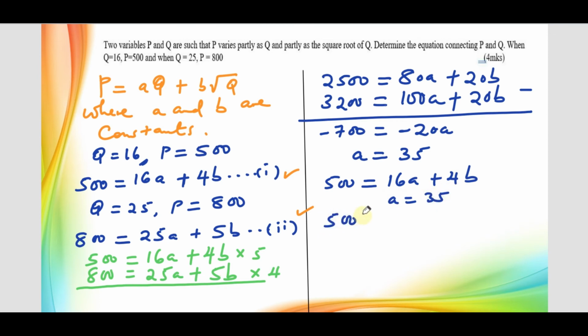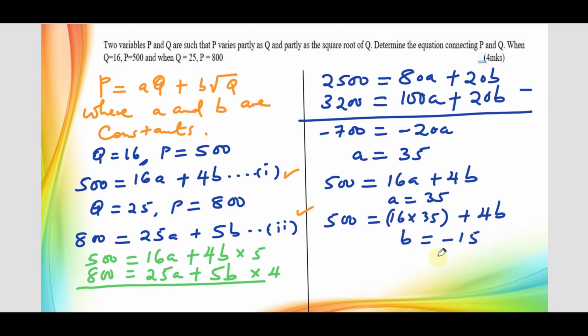Therefore 500 is equal to 16 times 35 plus 4b. When you work out the value of b, you'll get negative 15.